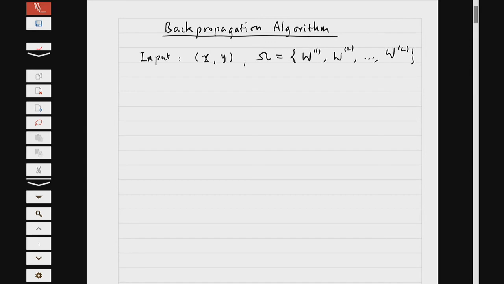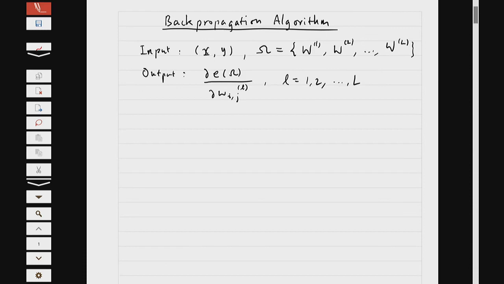So we're given the sample, and then we're given the current parameters of the neural network. Then the output, of course, what we're looking for is the gradient. So it's a collection of all partial derivatives with respect to all of the parameters, which we call the weights of the neural network.